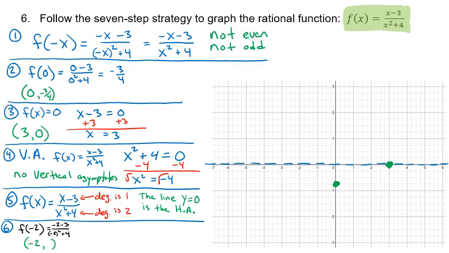And for the y value, on top, -2 minus 3 is -5. And on the bottom, -2 squared is 4. 4 plus 4 is 8, so -5 over 8.